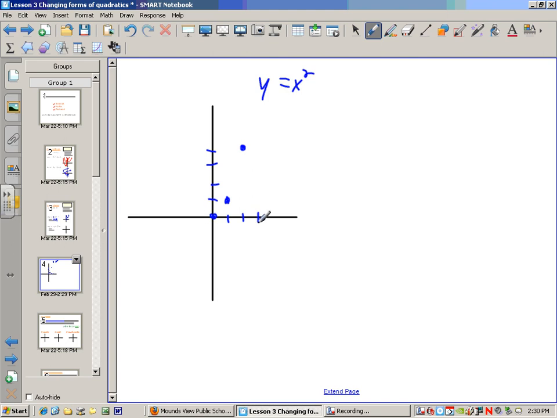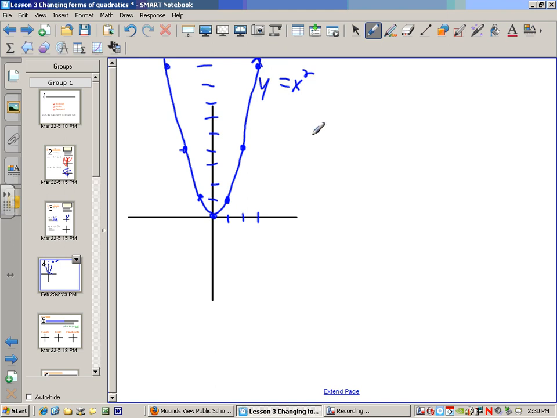If I go to the right 3, now I go up 9. Then it would be the same thing on the other side because parabolas are symmetric. And then we can draw our graph. Now that's if the scale factor is 1.